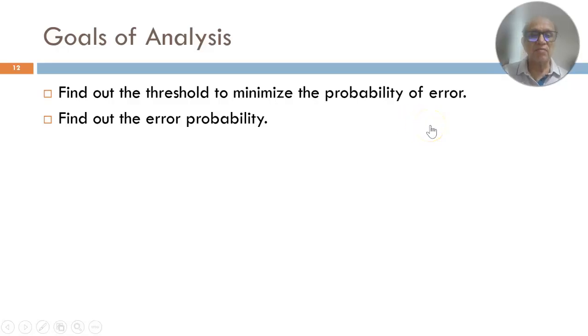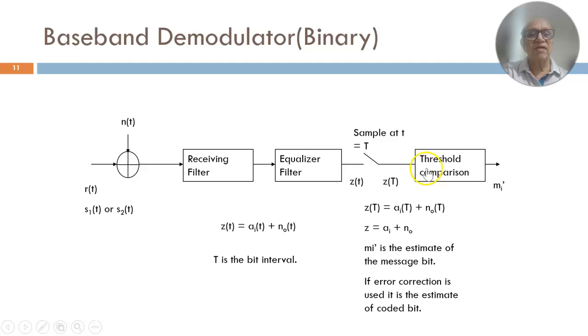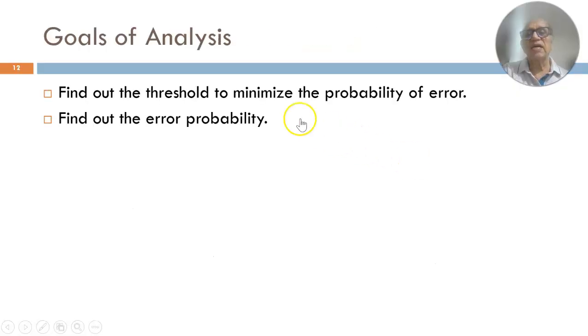Remember, let's look at that again. You require a threshold comparison at this point. So we'd like to know what should be the threshold, and that we want to calculate. So in the next session, we'll do our analysis in order to find the threshold to minimize the probability of error and then find out the error probability. That is what we are going to do.